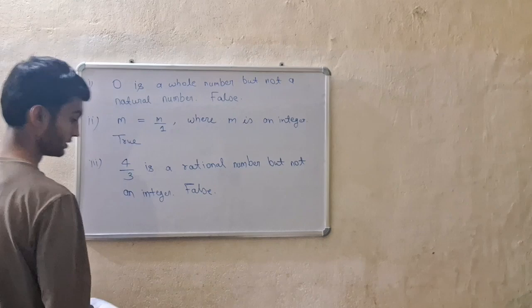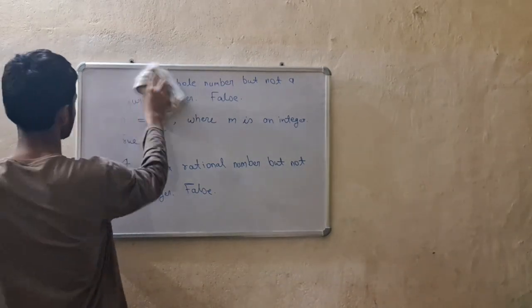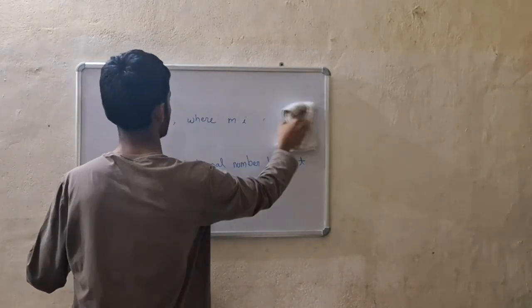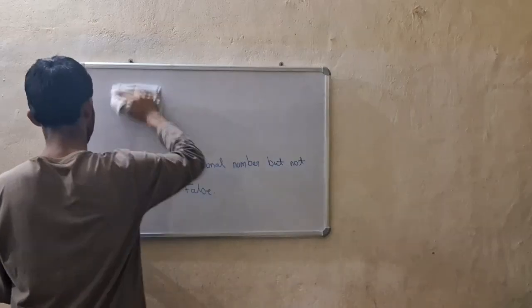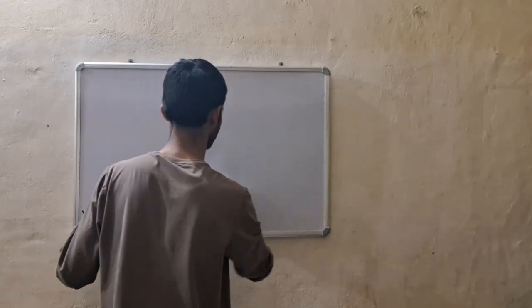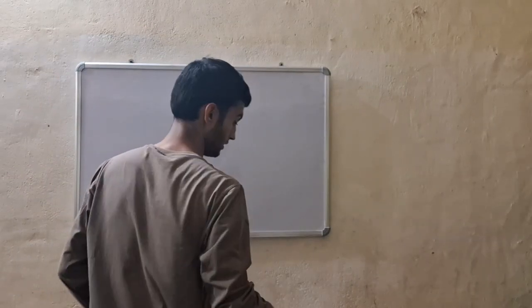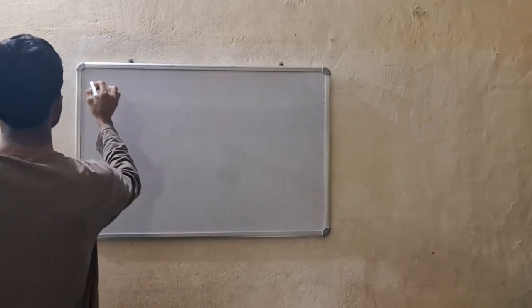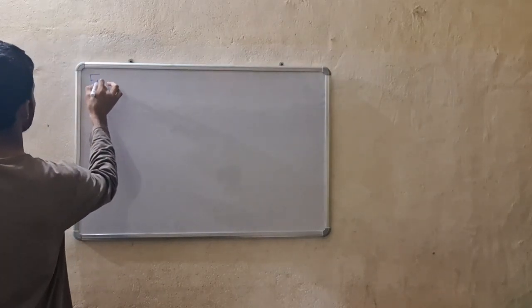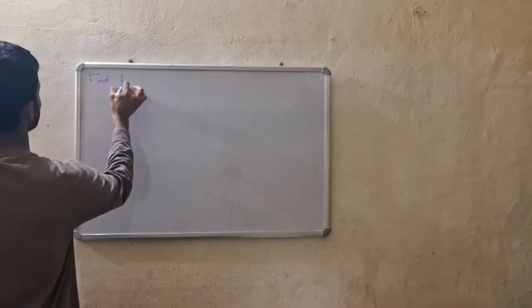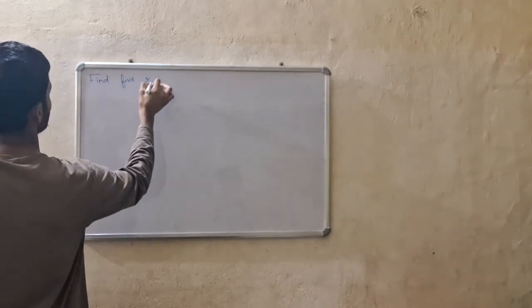Now the next example is important, as I would say. And this is about finding some rational numbers.